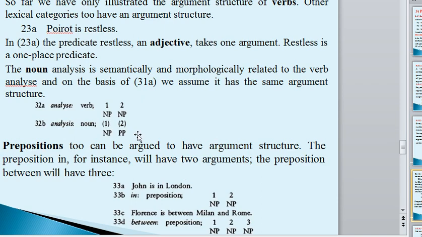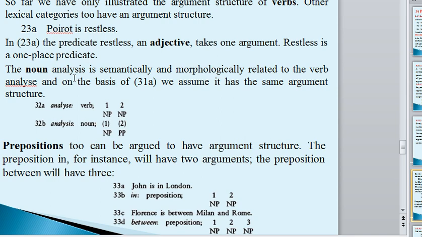So far we have only illustrated the argument structure of verbs. As you know, we focus just on the verb. Other lexical categories too have an argument structure. For example, look at this example. Poirot is restless. Restless is a kind of adjective, you know. So this adjective needs just one argument, Poirot. Okay, so we call restless a one-place predicate. Again, the noun.